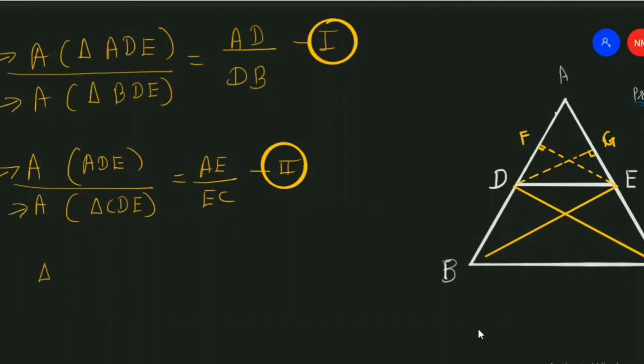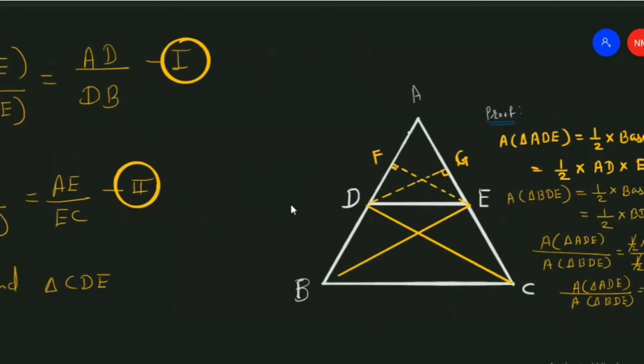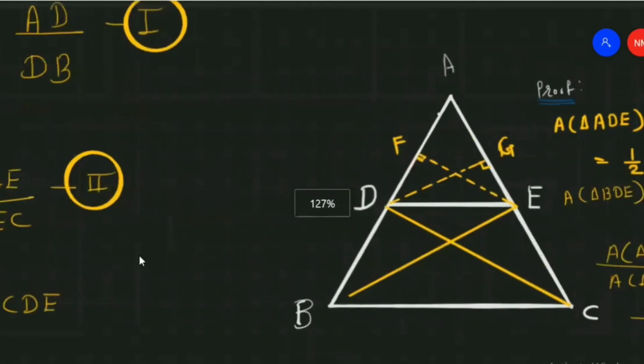Now, as we know, triangle BDE and triangle CDE, have a look at both the triangles. Both the triangles have the same base here. Can you see? DE is the same base for both the triangles.